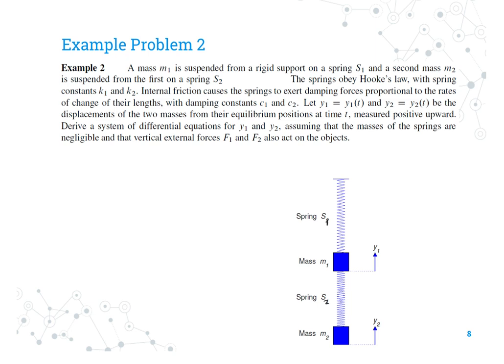And there's a displacement of the two respective masses from their equilibrium positions at time t, where we're measuring positive directions being upward again. So we're going to derive a system of differential equations for Y1 and Y2, assuming that the masses of the springs are negligible and that vertical forces F1 and F2 also act on the objects.